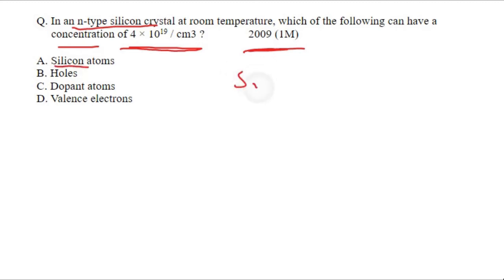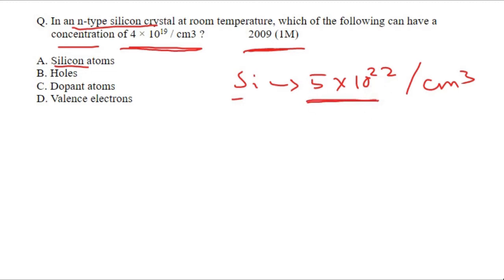So the concentration of silicon atoms, that is the number of silicon atoms per centimeter cube, is equal to 5 into 10 to the power 22 per centimeter cube. You have to remember that in a silicon crystal the concentration of silicon atoms is 5 into 10 to the power 22. So it is very much higher than 4 into 10 to the power 19. So silicon atoms is not our answer.